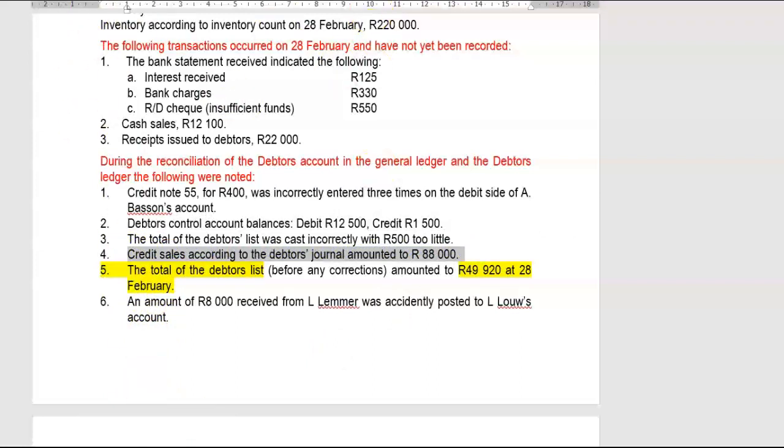Now they tell us credit sales, according to the debtors journal, amounted to 88,000 Rand. Now be very careful. What do they give us? They don't give us the debtors column total. They give us the credit sales total. Now credit sales is a VAT exclusive amount. So therefore the amount that was posted to my debtors control account was not 88,000 Rand.